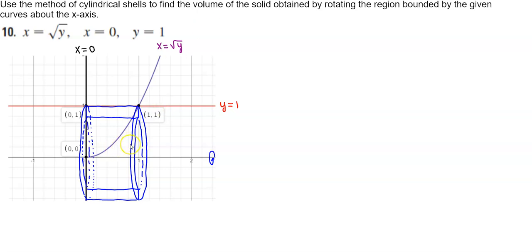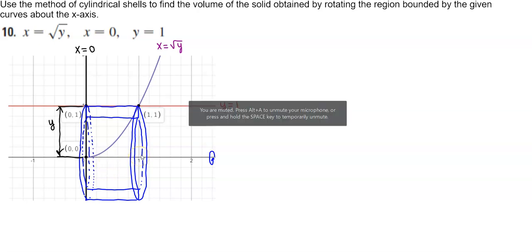Okay, so here you can see what the cylindrical shell looks like. Now, what is the radius of this function? Well, the radius is in terms of y. So you can see that the radius function is going to be y. And now, what is the height of the function?